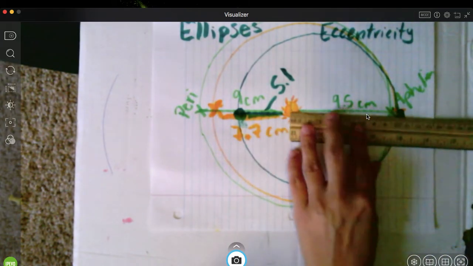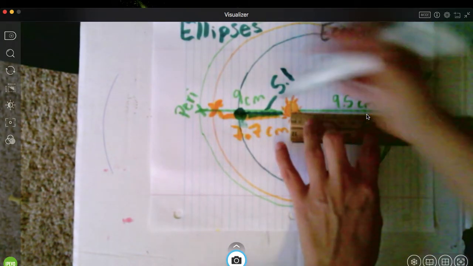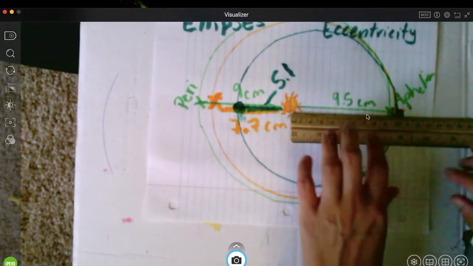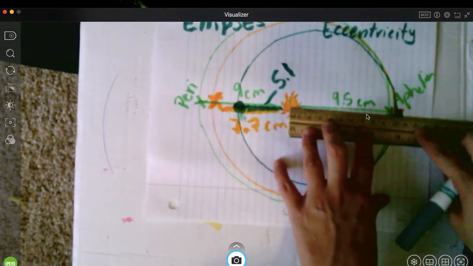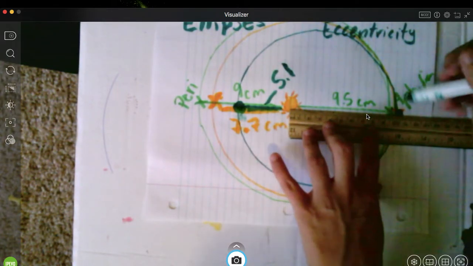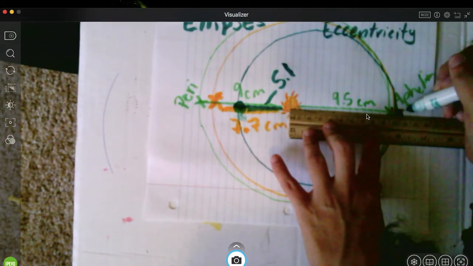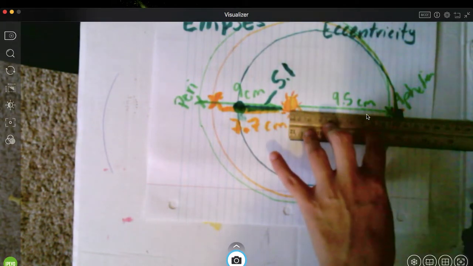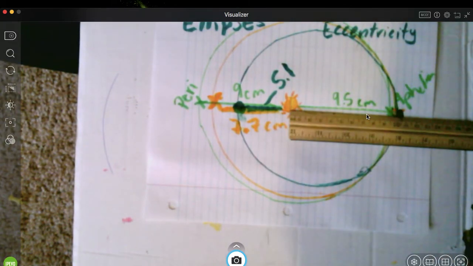And here, on the other side, this is perihelion, not aphelion. I misspoke. And over here at aphelion, it is about 7 centimeters away. All right.